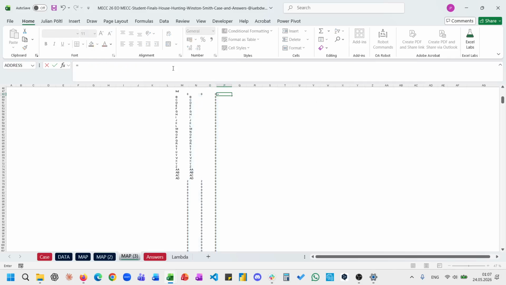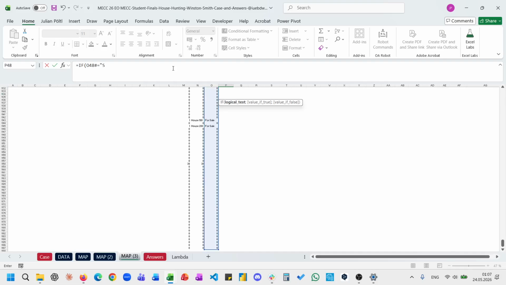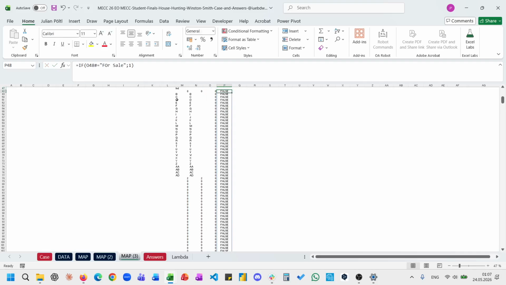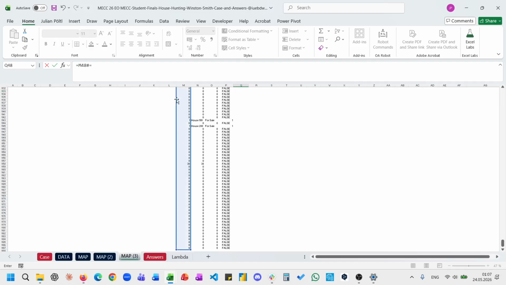And then equals if this equals for sale, and you actually have to try because it's not written. If it's this or the other way, then we 0, then we 1, and then you say indication equals this here.